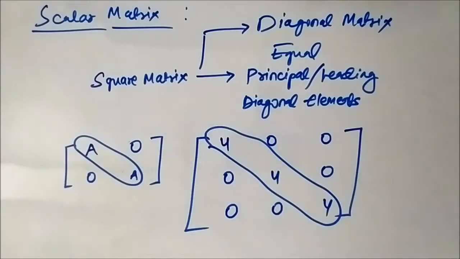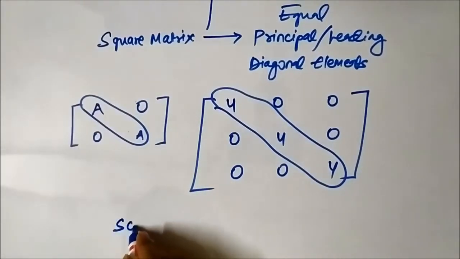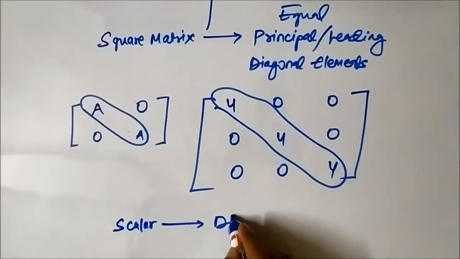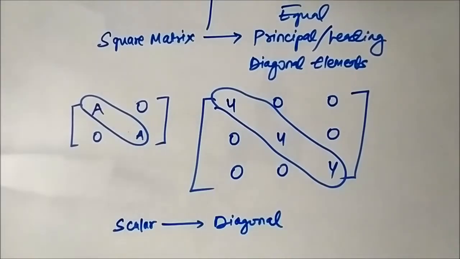An important thing is that every scalar matrix is a diagonal matrix, but the vice versa may or may not be true.